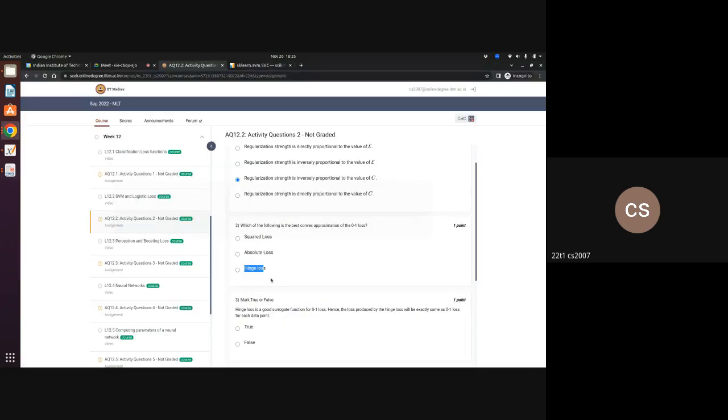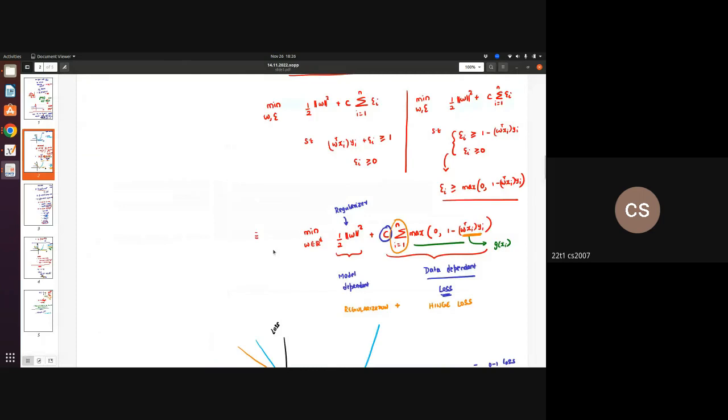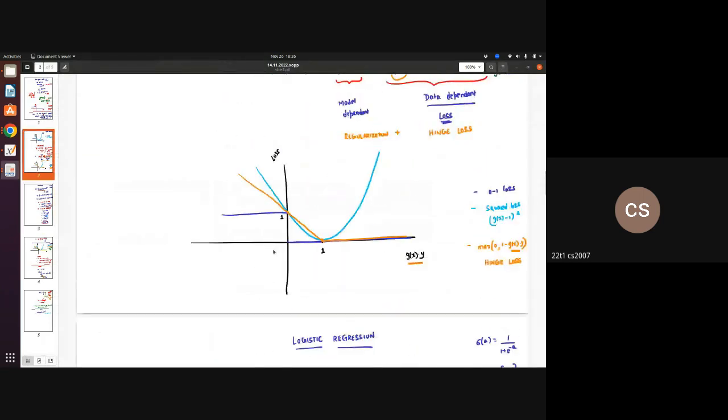approximates decently. If you see this, the dark blue one is your 0-1 loss, and this orange one is your hinge loss. Here it's actually matching. Here, where there should be this much loss, hinge loss is giving this much loss, which is fine.